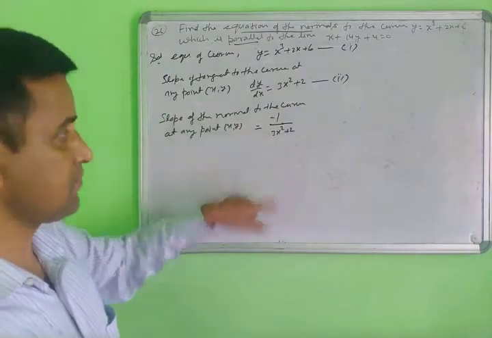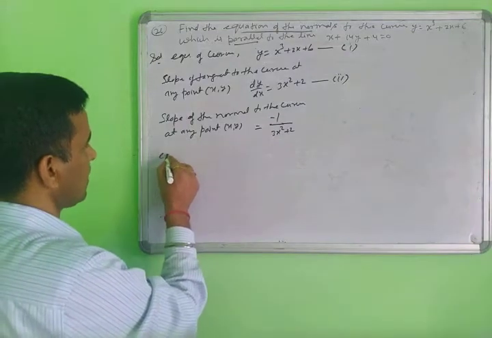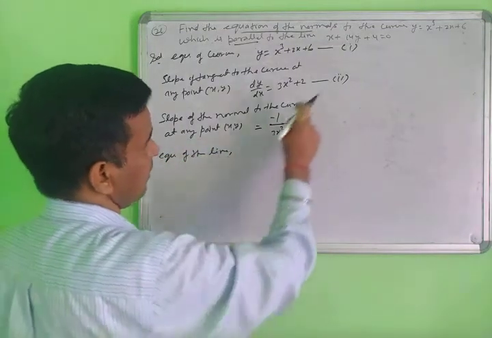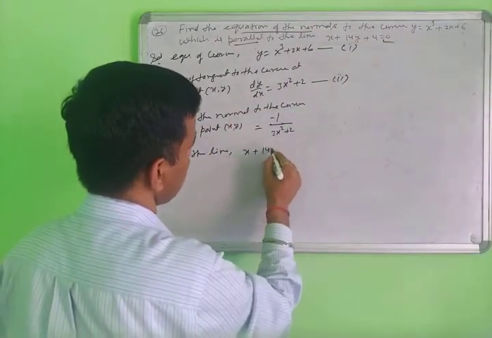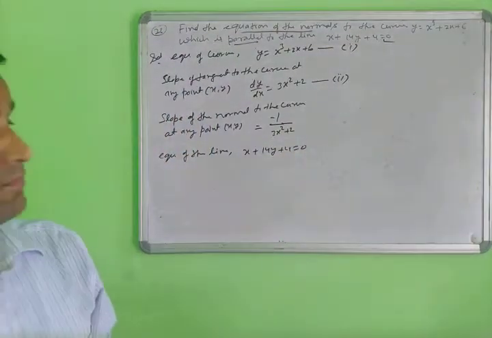Reciprocal of this. Then next, the equation of the line. This is the equation of the line here: x plus 14y plus 4 equal to 0. Remember this thing.